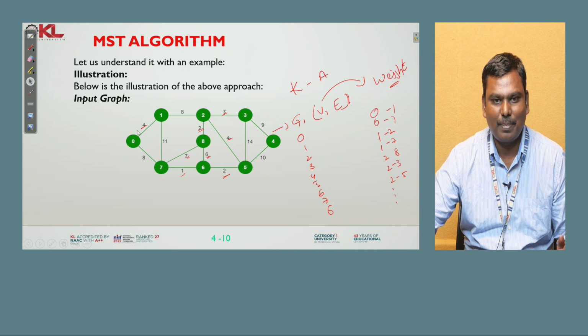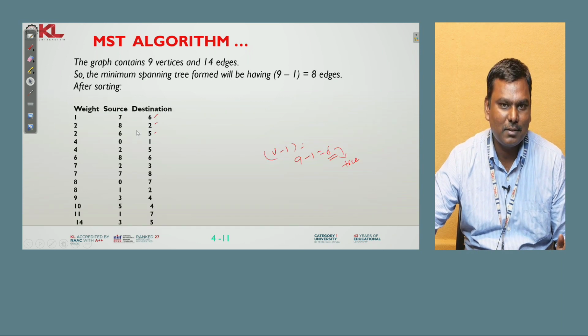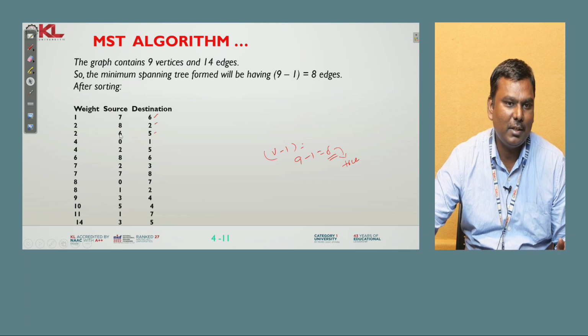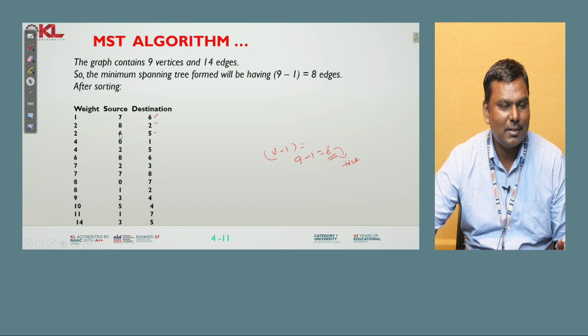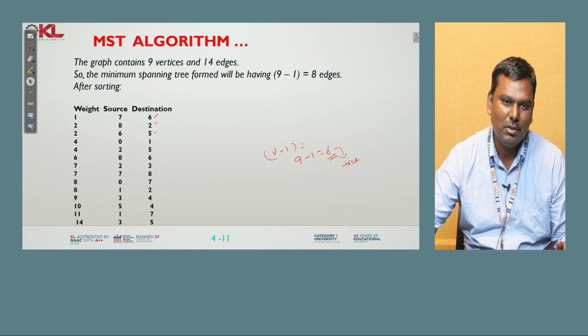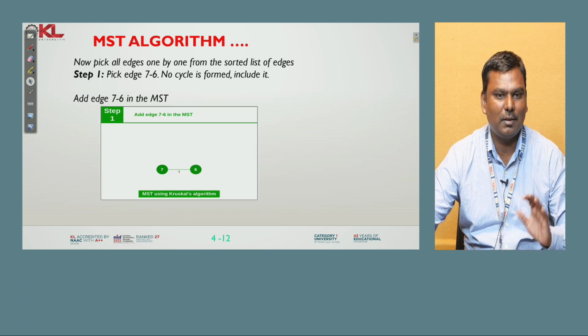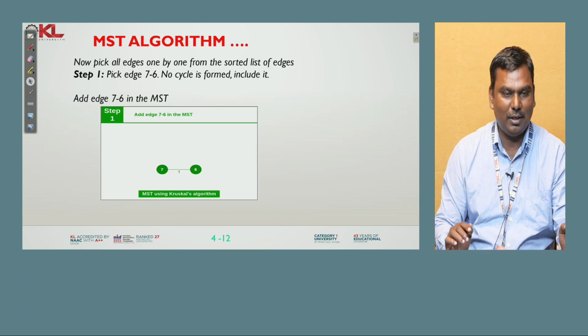Okay, now based upon the situation we will construct first the one with the smallest weight. So 7 to 6 or 6 to 7, whatever it may be, it is an undirected graph. We can construct 6 to 7 or 7 to 6. So this weight 1 is the smallest edge. This is the first step.